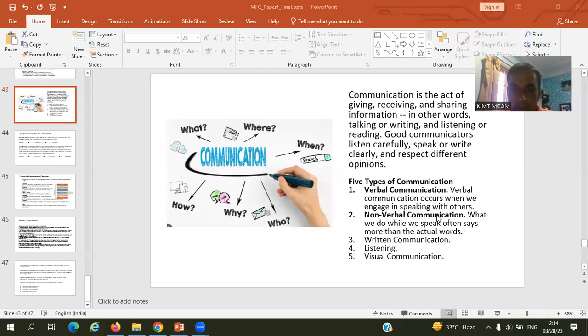Visual communication is similar to non-verbal. You are expressing your feelings through your body language, your posture, your face expression. That is visual communication.